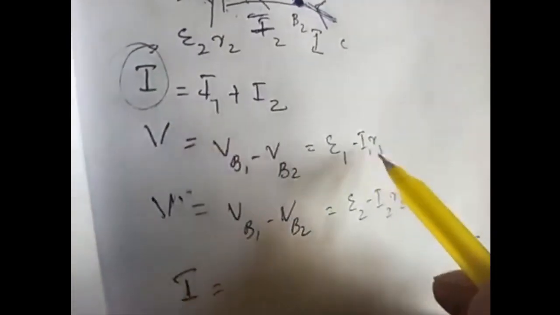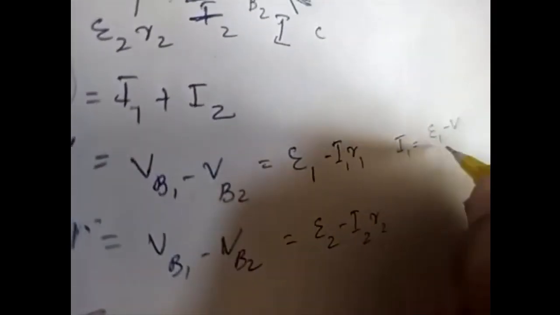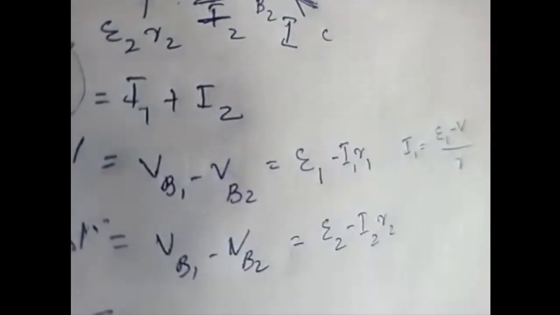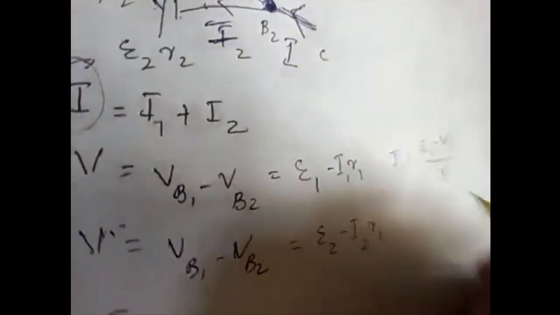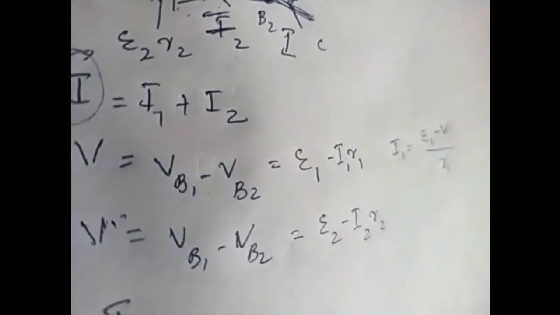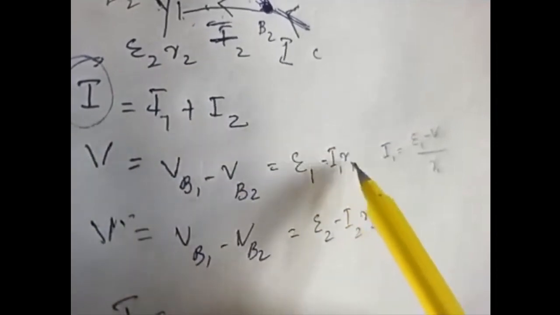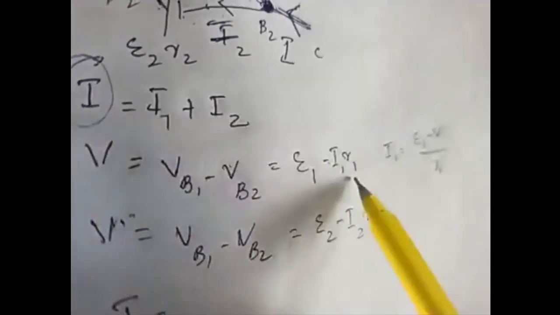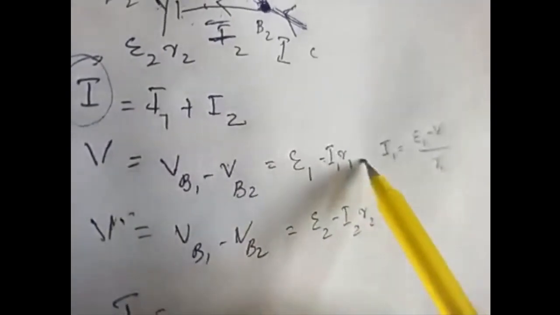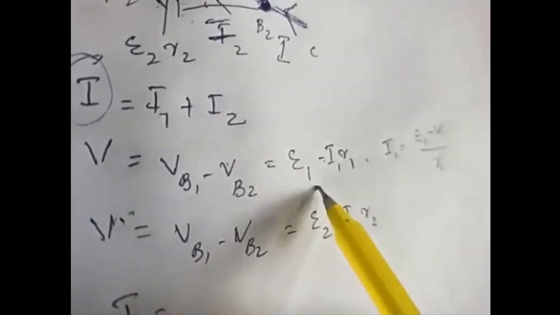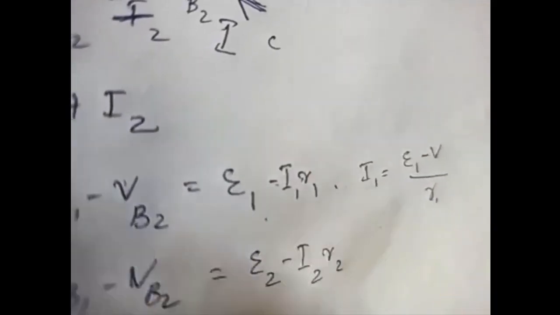From this you will get the equations of I1 and I2. If you bring I1 R1 to the other side, V comes here, so E1 minus V, and R1 goes to the denominator. So I1 is equal to (E1 minus V) by R1.